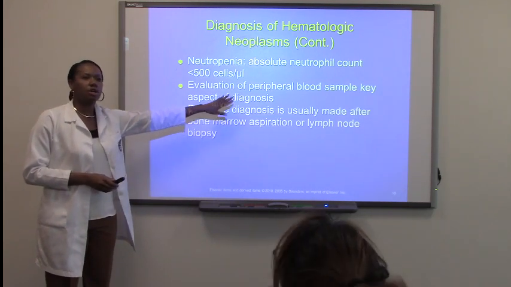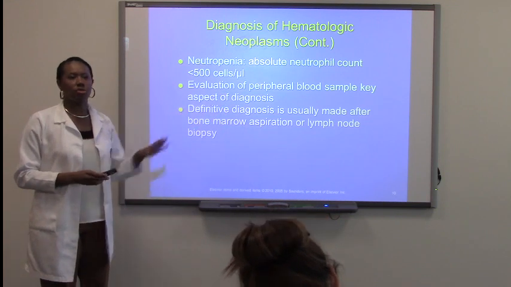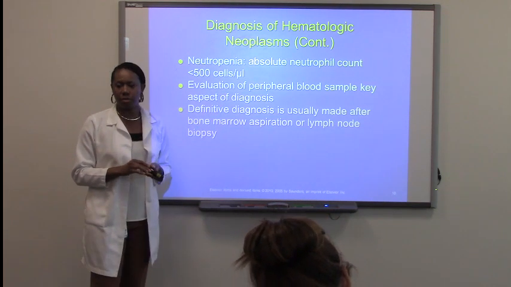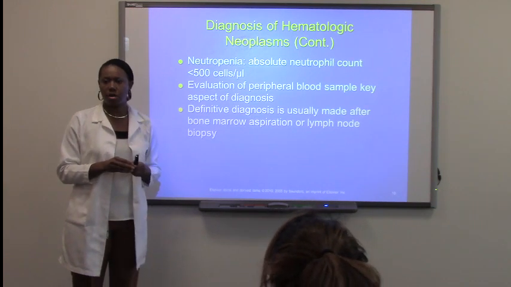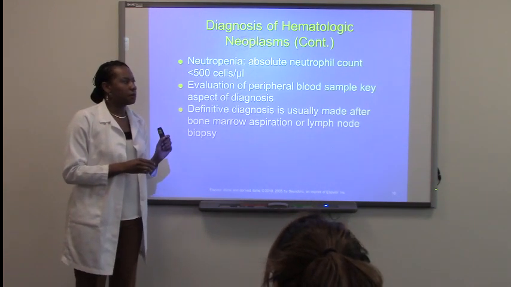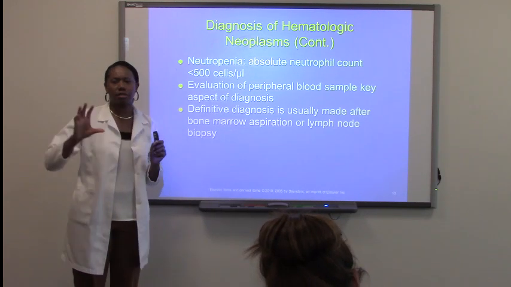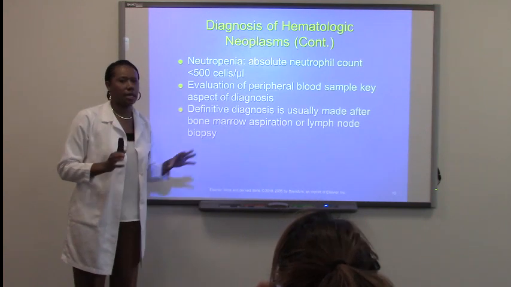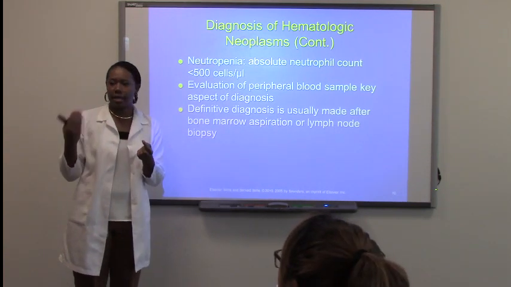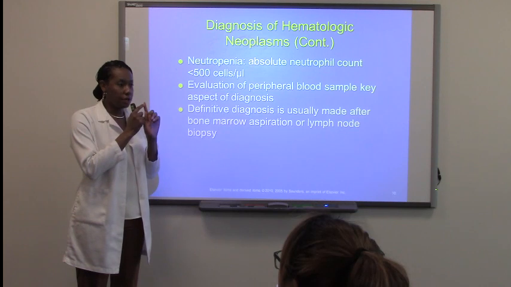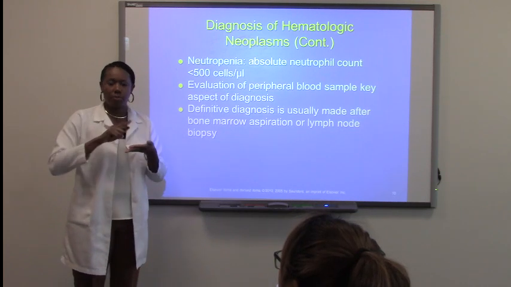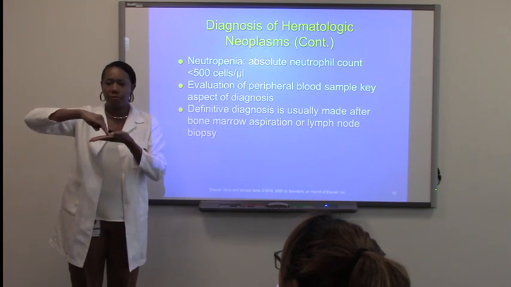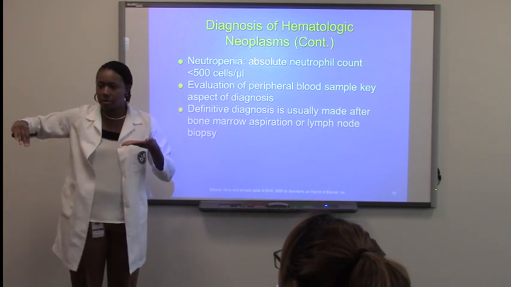So when we're talking about a peripheral blood smear, do you guys know what that is? You looked at one, but just to let you know, in your physiology book, which we can't perform this actual lab on campus, basically it had a lab where you prick your own finger, take the blood, put it on a microscope slide, you take another slide at a 45-degree angle and smear it.